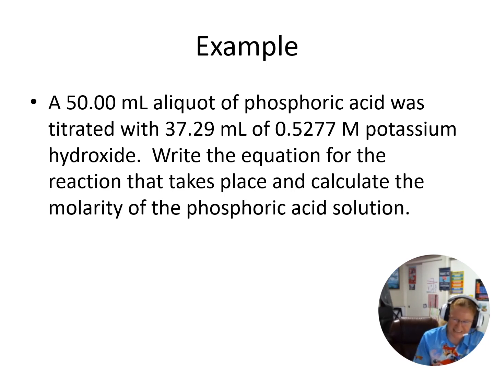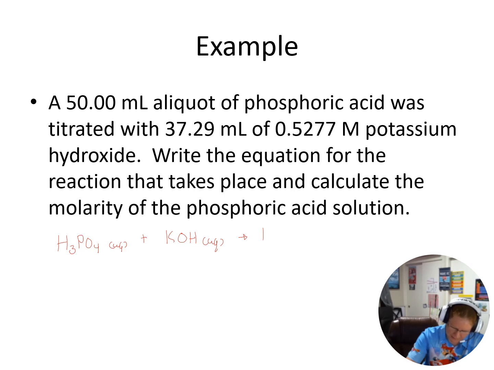So phosphoric acid is a triprotic acid, so there's 3 hydrogens on there. We get H3PO4. Okay, potassium hydroxide. All right, so we'll do our double displacement reaction.